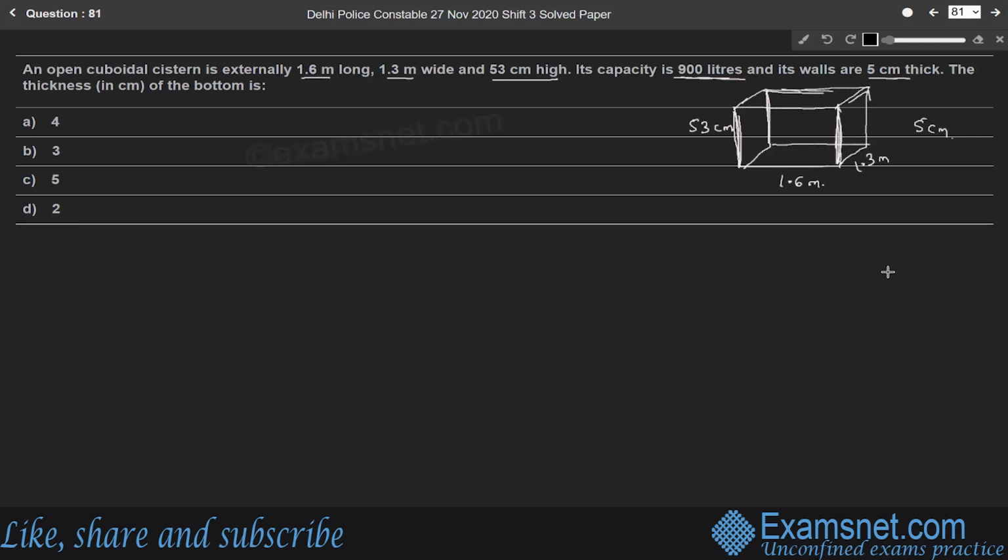This cistern is open, right? So we need to find the thickness of the bottom.